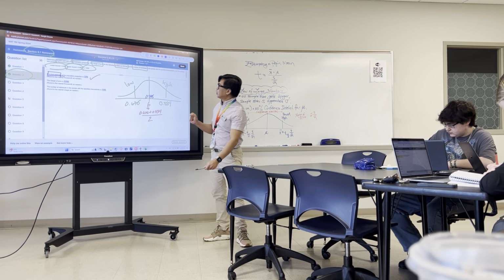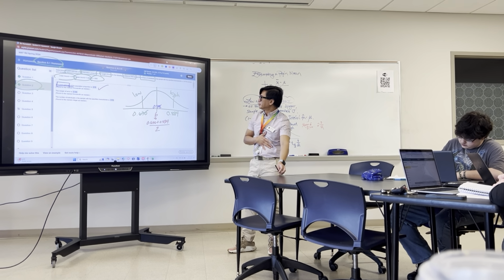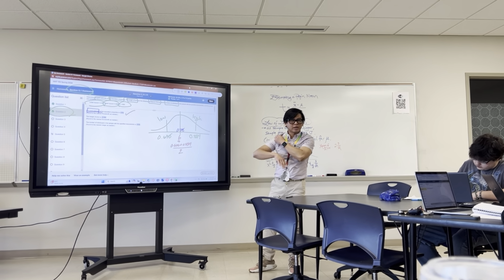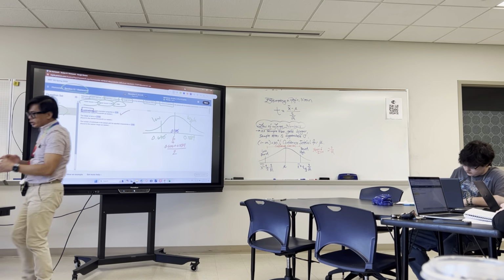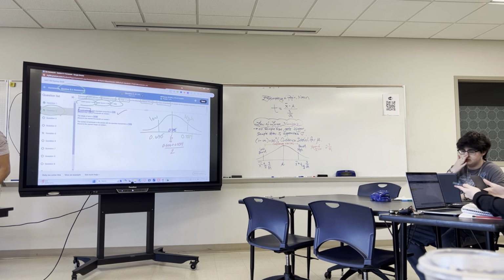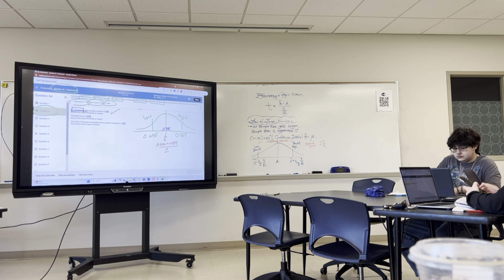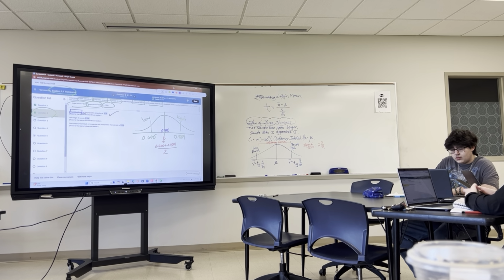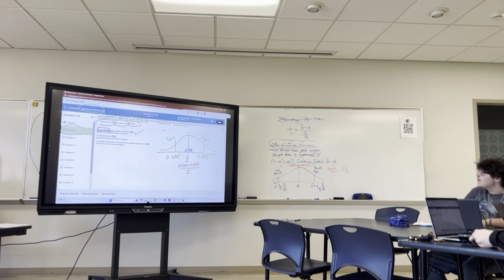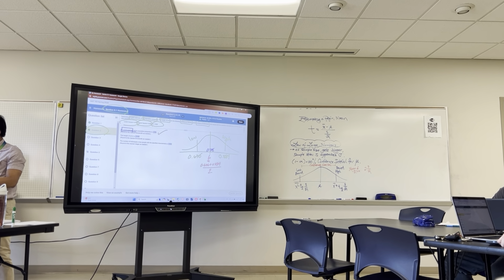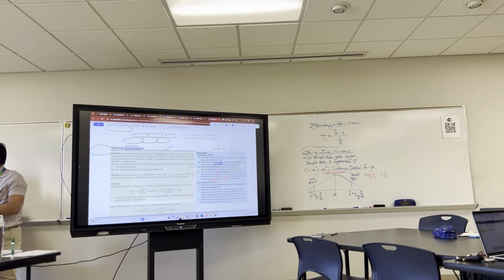Okay, next one. How do we get the margin of error? So how do we get the margin of error in here? We're also going to do the StatCrunch for such. Did we see anything from StatCrunch that mentions margin of error? Let's go back in there and see.